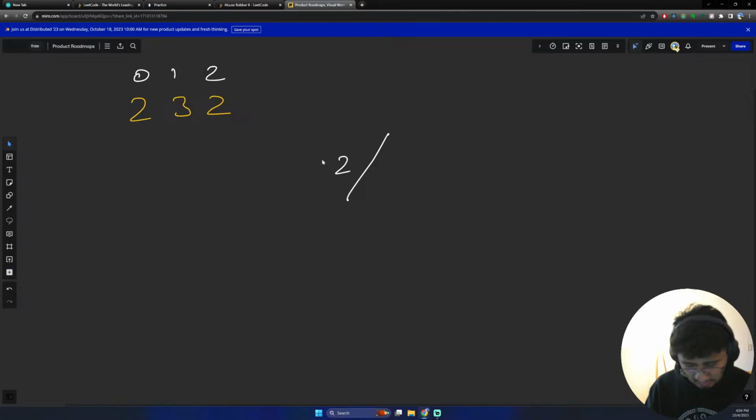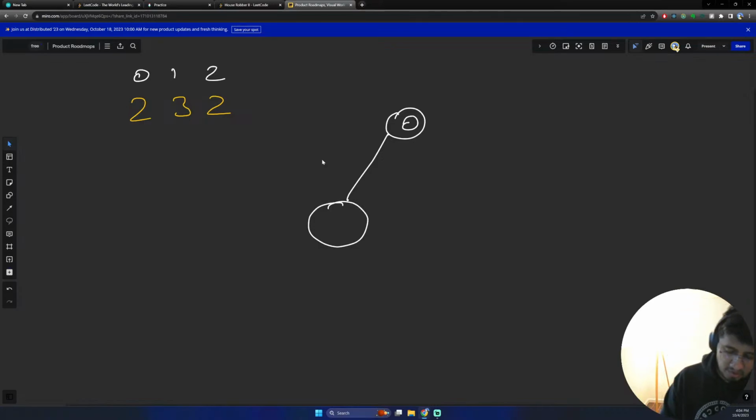So here we go with index 0. Okay, if we take 0, then we can take the next element. But we cannot take the last element, right? Because we need to check if it is the last element, then we cannot rob that house.